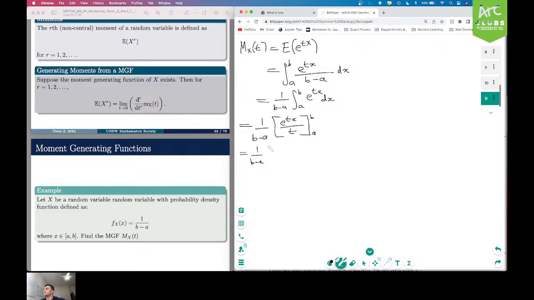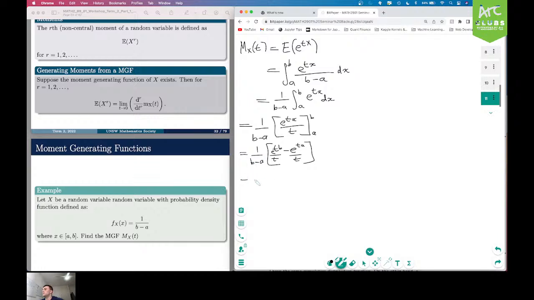What we need to do is sub in top minus sub in bottom. So we get e to the tb over t minus e to the ta over t.